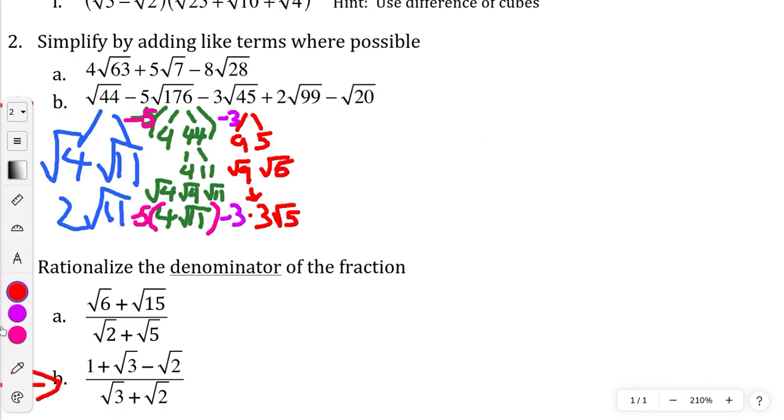And then we have plus 2 times root 99. So we have a plus 2 here. And I'll just try to remember to put this down here. And then the 99, let's see here. I guess we could use the teal. 99 is 9 times 11. And we already know the square root of 9 is 3.